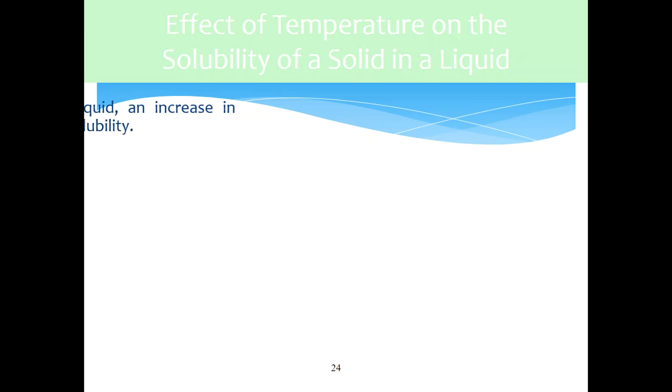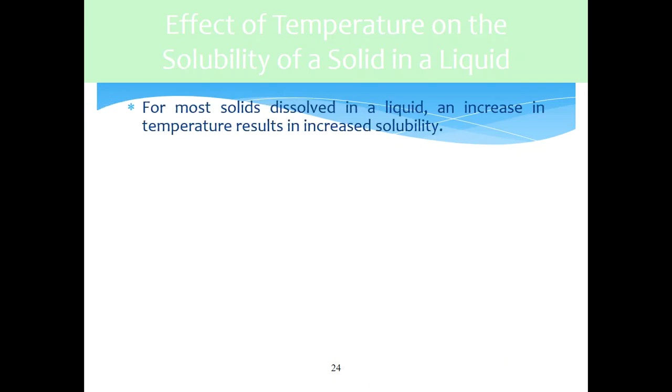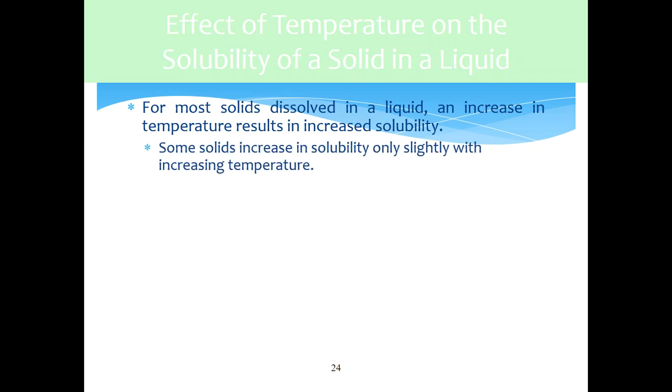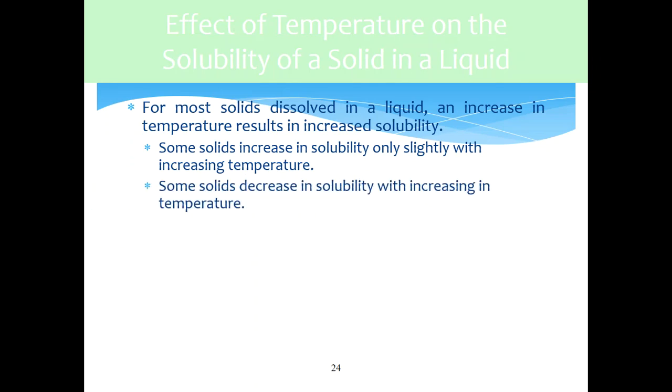What you'll find, generally speaking, is that solids will increase in their solubility when the temperature increases. So when you increase the temperature of a liquid, you increase the solubility of the solid in that liquid. For some solids the increase is only slight with increasing temperature, and for other solids the increase in solubility is markedly dramatic.